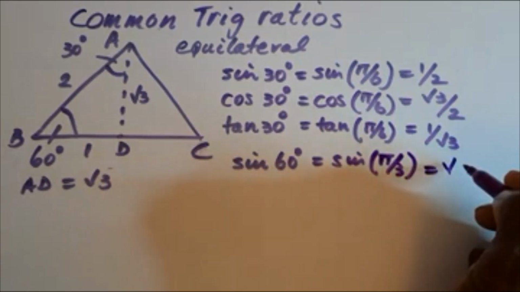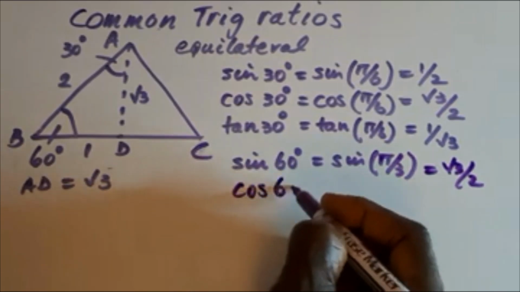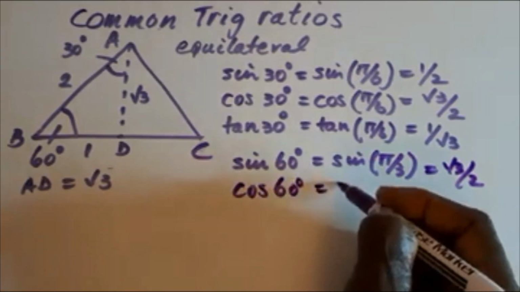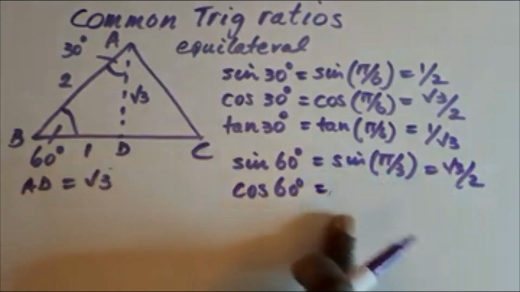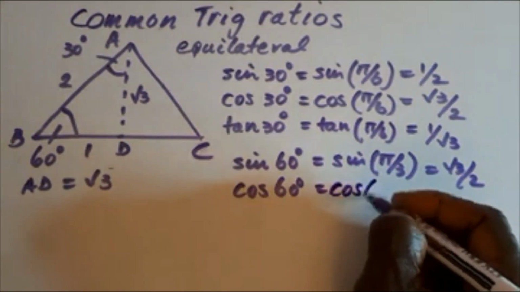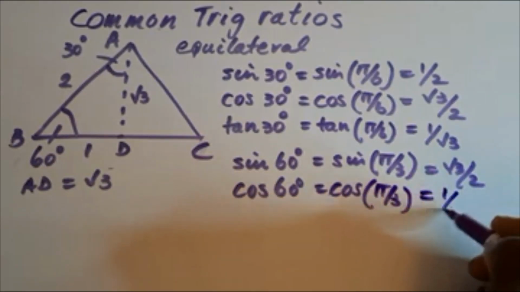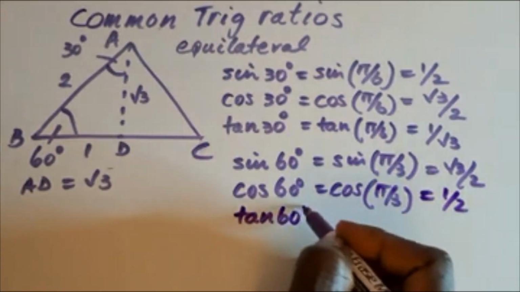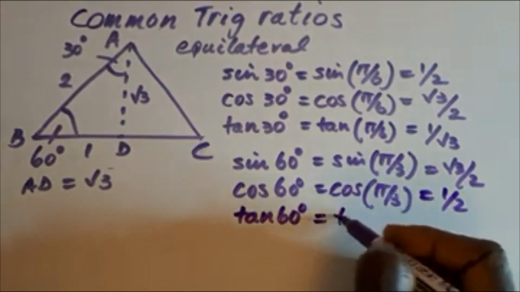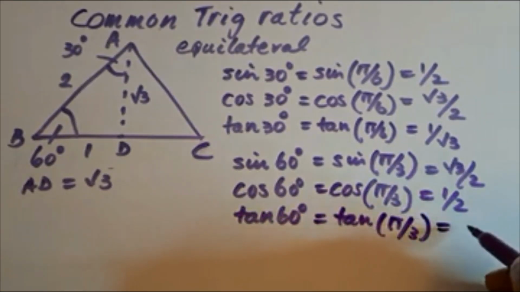It's equal to root 3 over 2. Cosine of 60, cosine of pi over 3, is equal to a half, and tan 60, tan pi over 3, is equal to root 3.